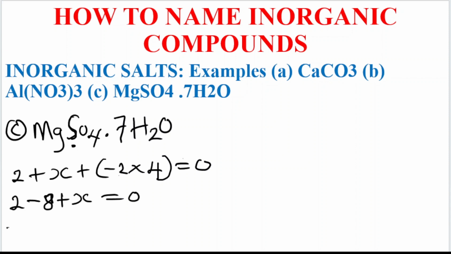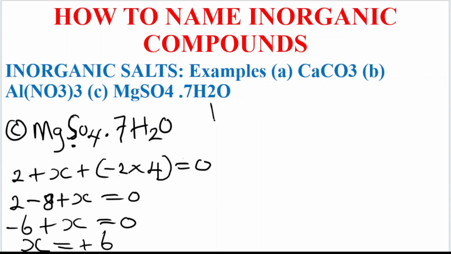So 2 minus 8, we have -6 plus x equal to 0. So we are sending -6 to the other side, it changes to plus. So x is equal to plus 6.